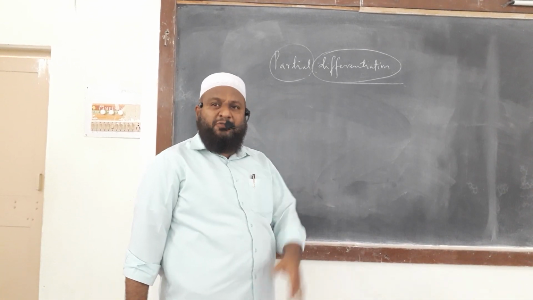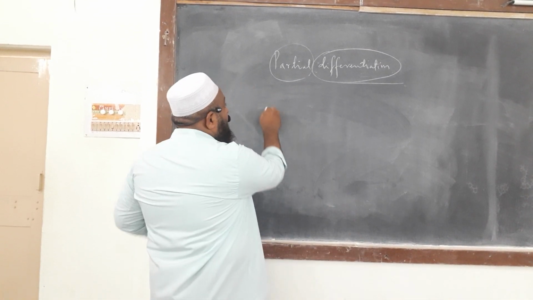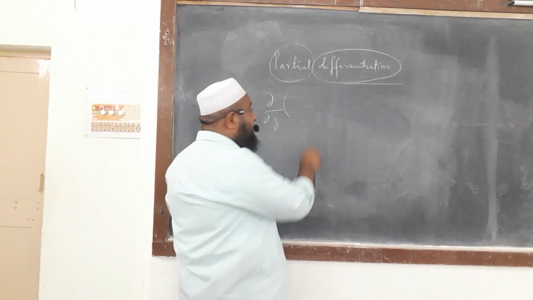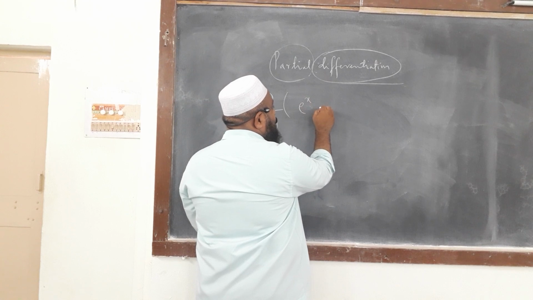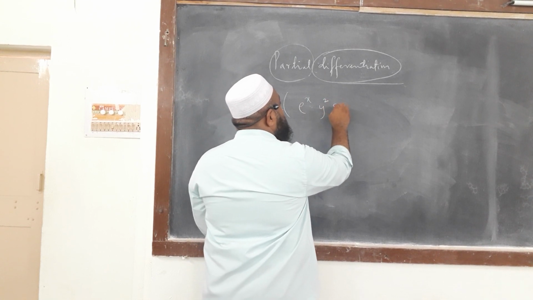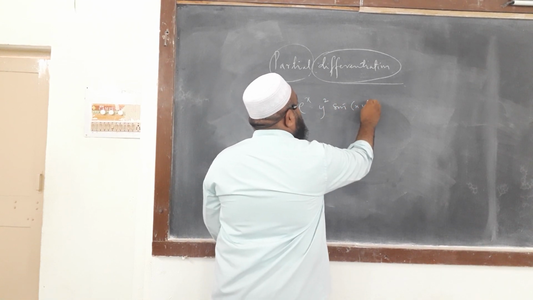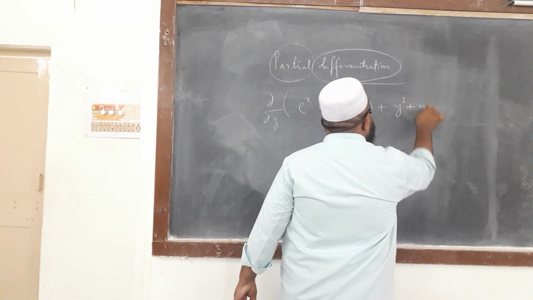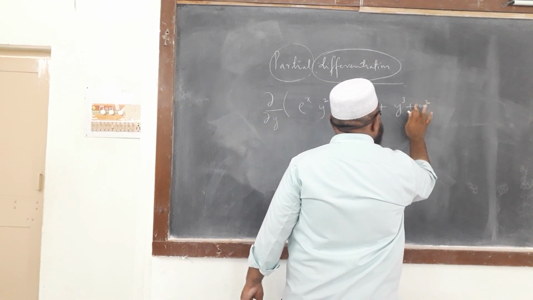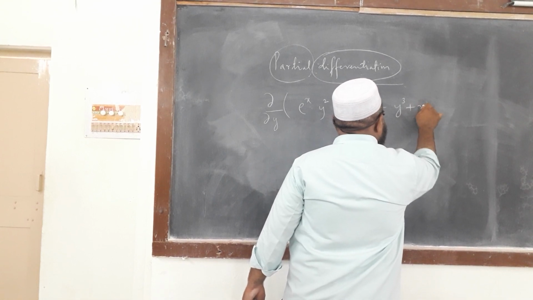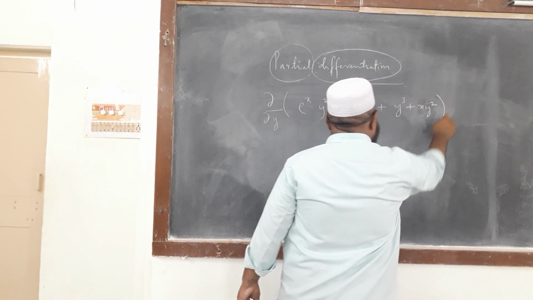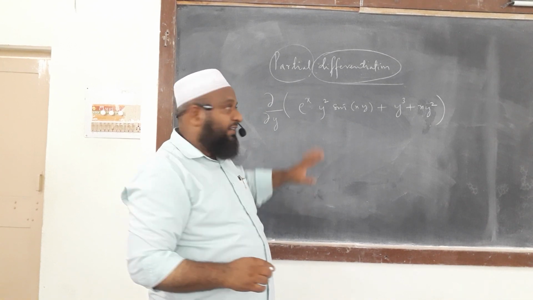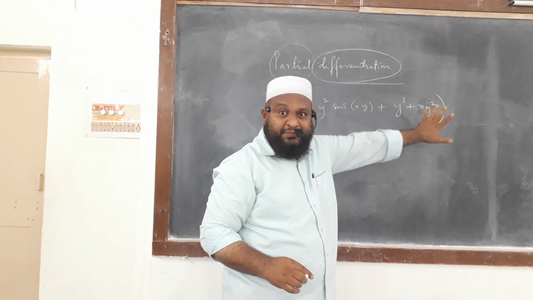Now let us do some more problems on this one. What is the partial derivative with respect to y for e to the power of x into y square sine xy plus y cube plus xy square? So first basically it is a sum of 3 terms.